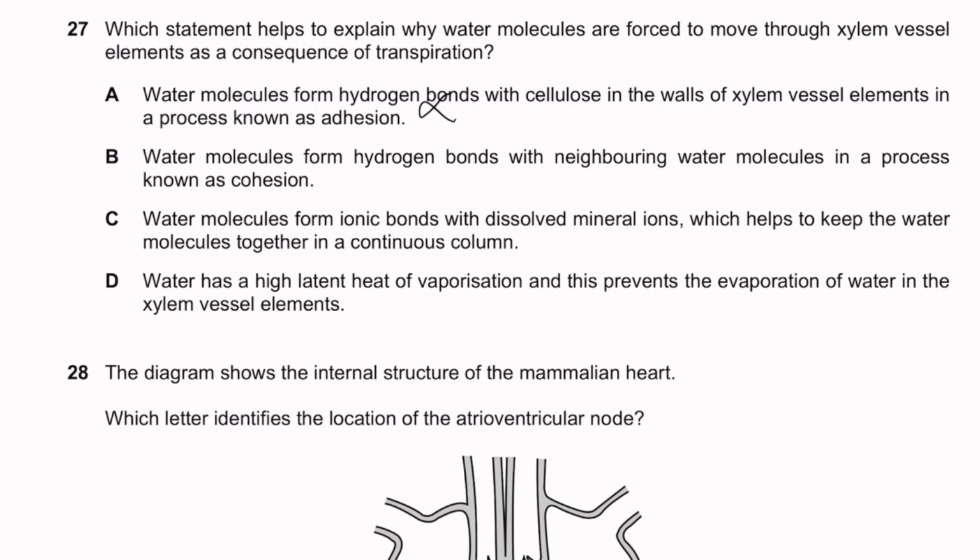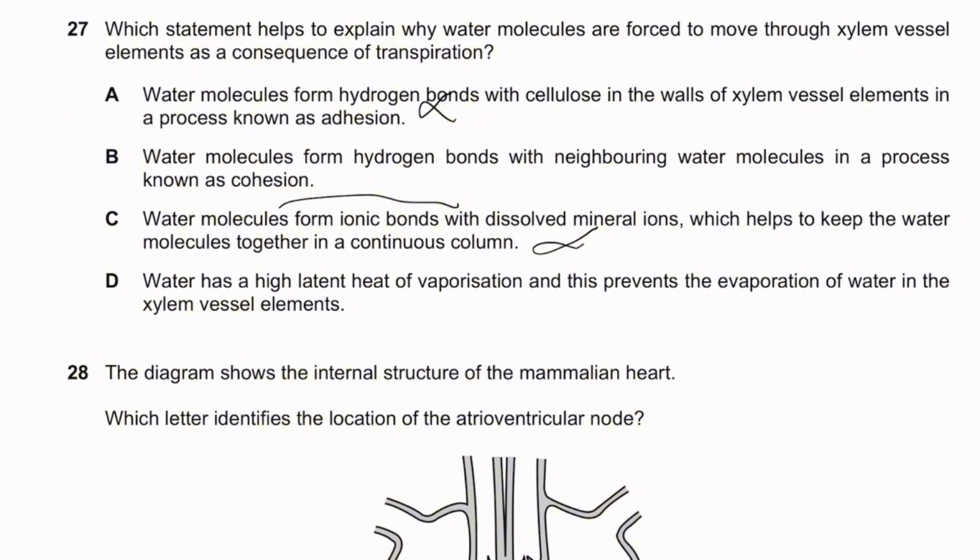So let's keep this. Let's look at the other options. Water molecules form ionic bonds with dissolved mineral ions, which help to keep the water molecules together in a continuous column. This is not the reason that water moves in a continuous column, really. Water molecules could not possibly form ionic bonds with dissolved mineral ions. So I would say no. And again, it may form some bonds with them, but I wouldn't say that this is the main reason that they're moving as a continuous column.